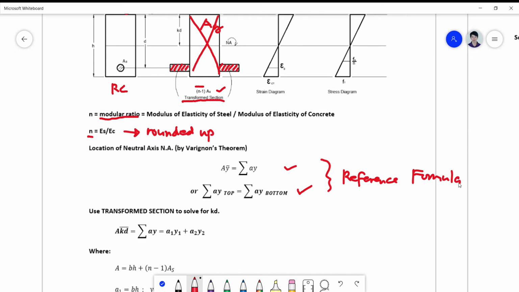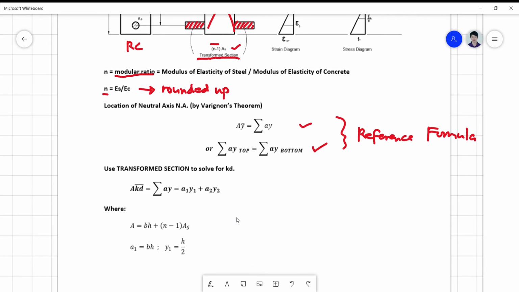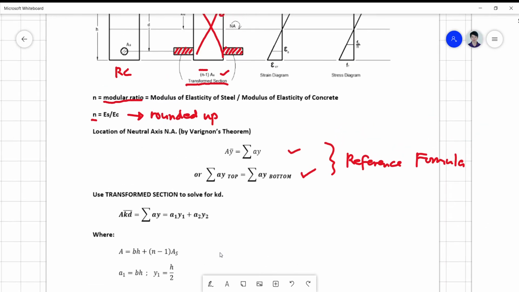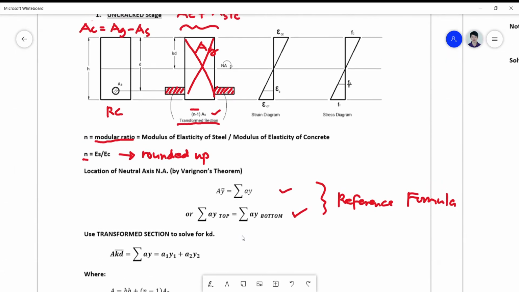Okay, let's now derive the formula for KD. Okay, KD is actually a variable used to describe the distance from the top fiber, okay, top or the compression fiber to the neutral axis, okay?